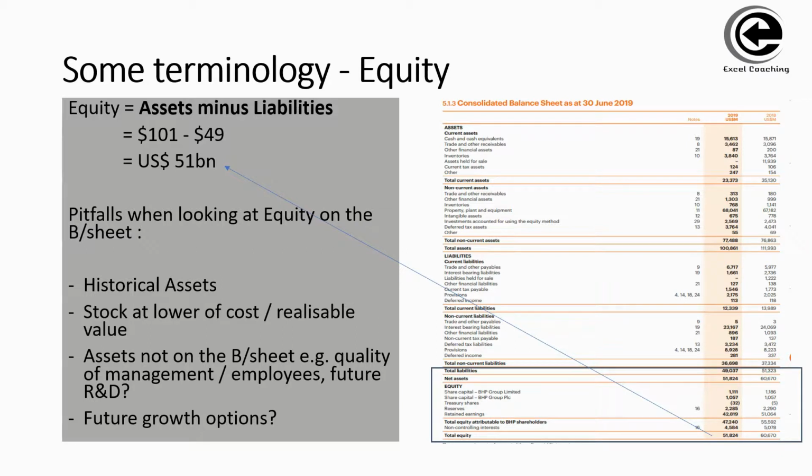How about the value from future projects or growth opportunities? For example, BHP may have plans to expand some of its current production level and make more money. None of that is reflected on the equity number in the balance sheet.